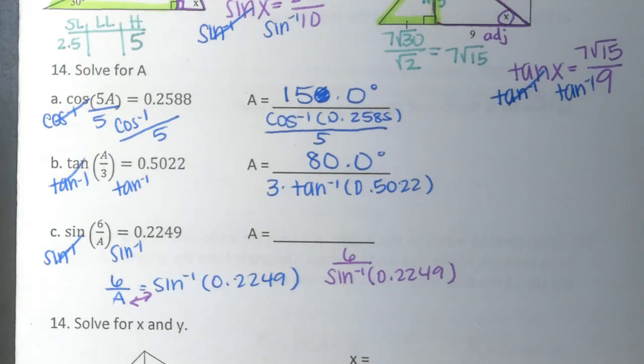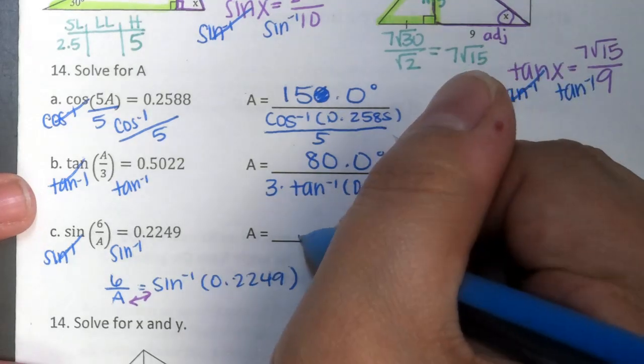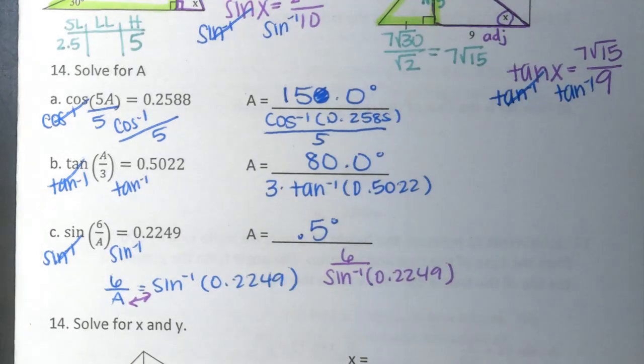The inverse sine of, what is it, 0.2249? I got, am I in degrees or radians? In degrees, I got 0.5 degrees. Is that what y'all got? Okay. That was a little weird.